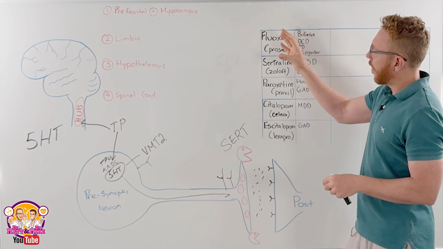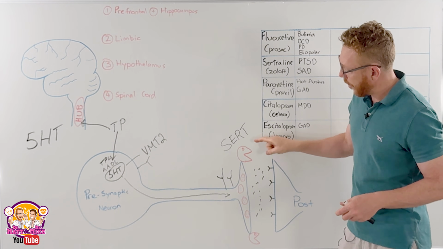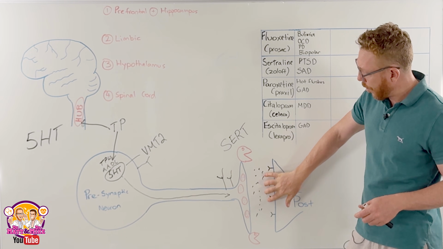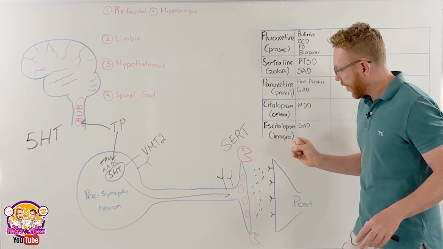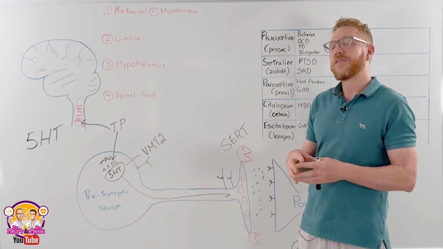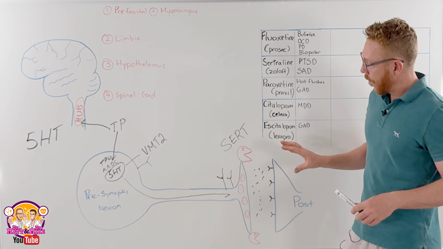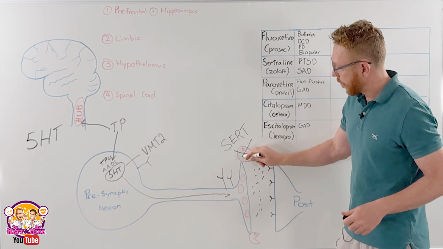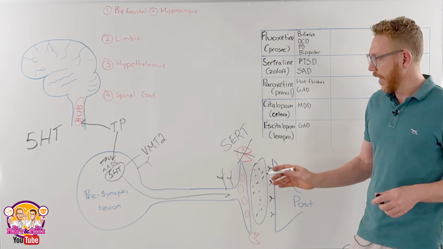So therefore, the serotonin reuptake inhibitors are more about changing or blocking the transporter, therefore leaving more serotonin in the synapse. Now you would think that by flooding the synapse with more serotonin, we're just going to make the person feel better. But the theory of what actually happens is when we use an SSRI and it blocks the SERT transporter, more serotonin remains in the synapse.